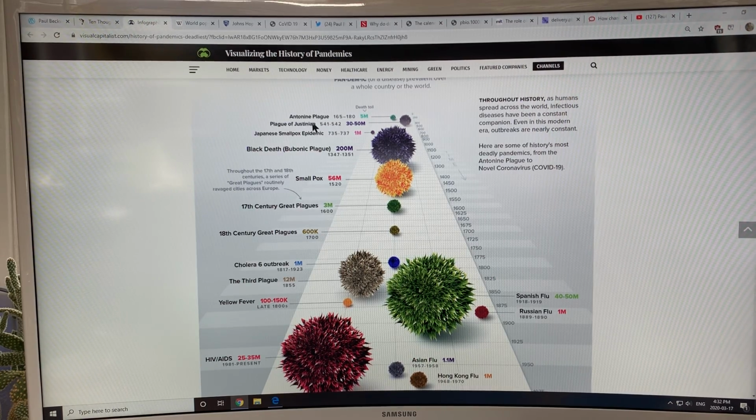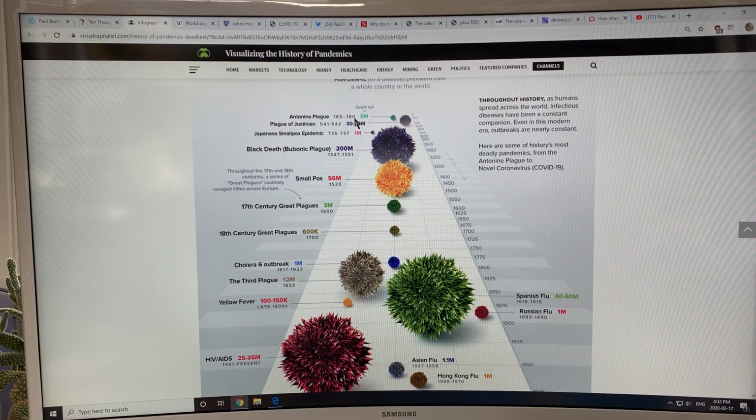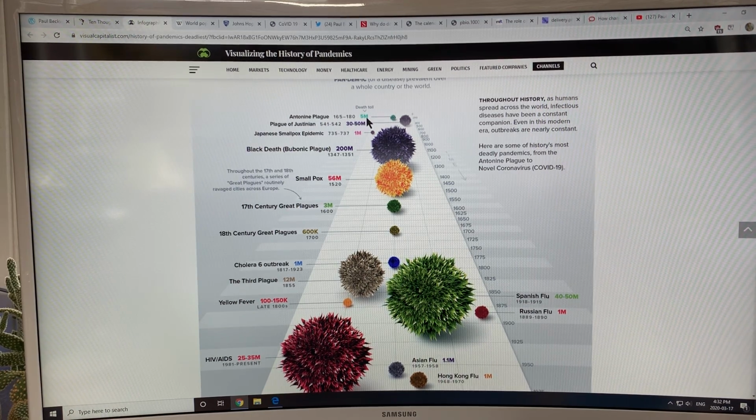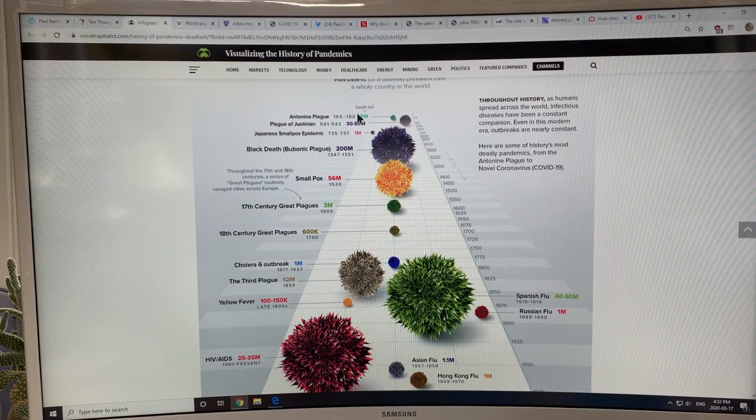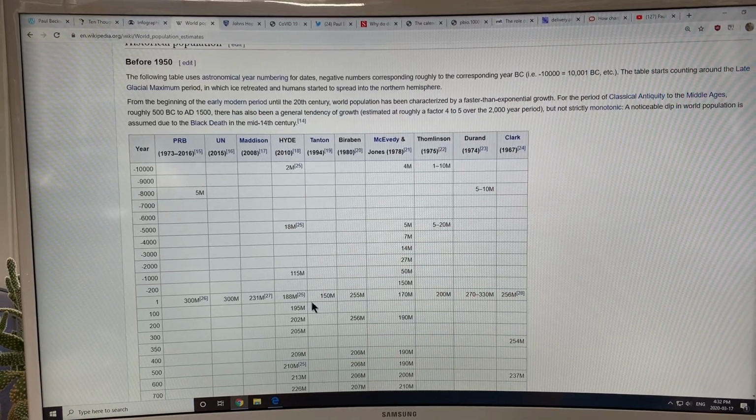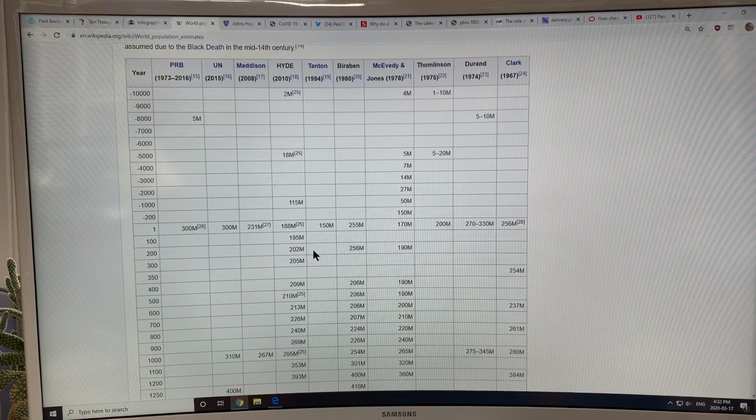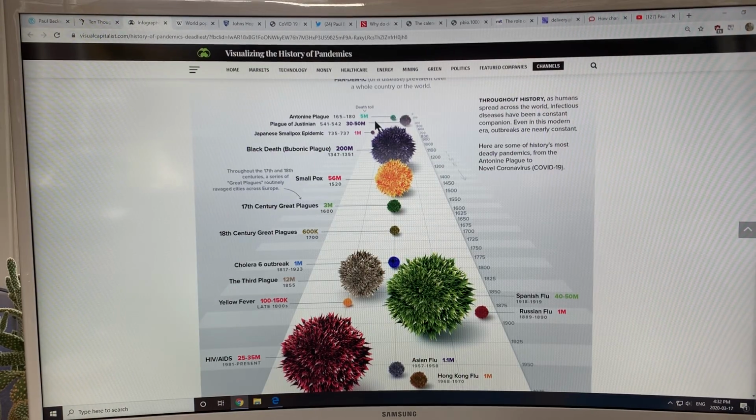Look here, the Antonine Plague, 165 to 180, a 5 million death toll. If we go on the world population map to about 200, there are about 200 million people or so on the planet. So 5 million over 200 million would be 1 in 40, about 2.5% of the global population. You can do that for each of these.